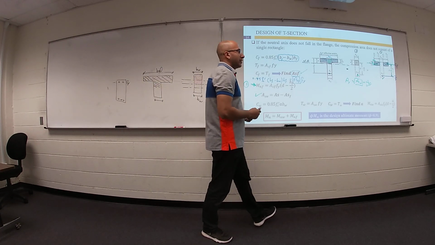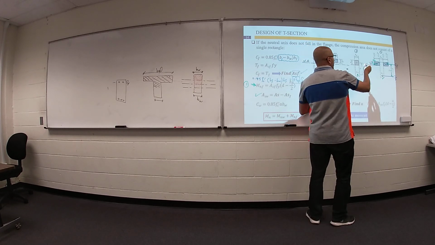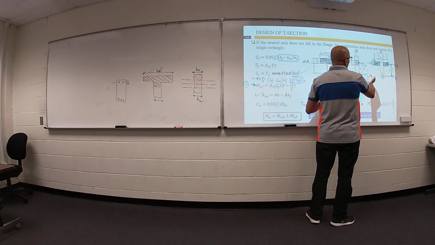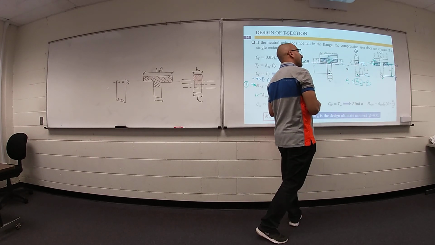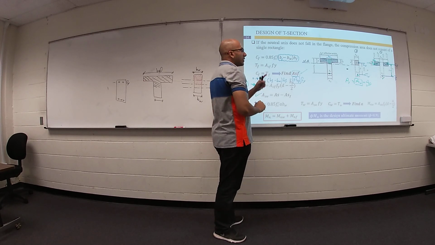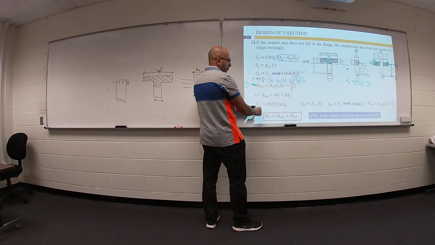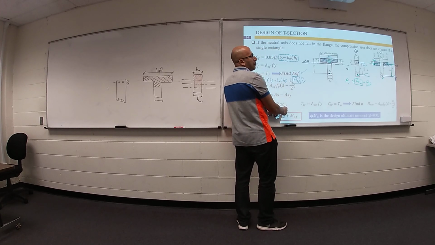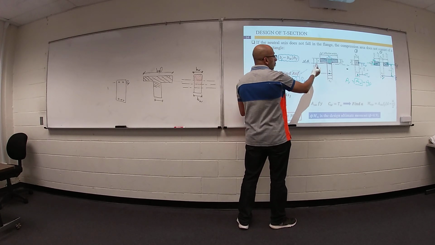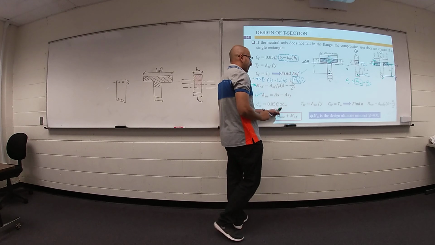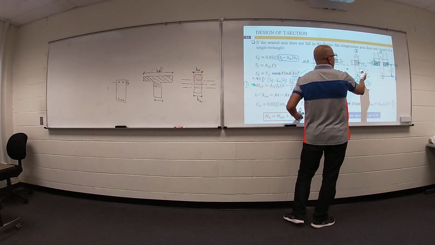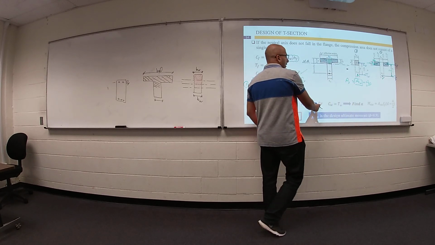In the second part, we have compressive force C web and tensile force T web. Your C web equals 0.85 f'c times a times b web, because I don't know exactly where the neutral axis is. And T web equals your area of steel web times f yield.